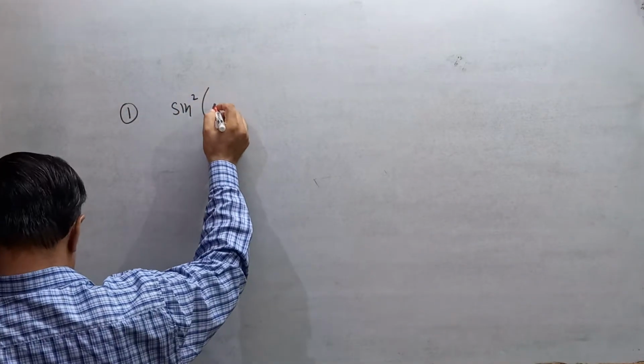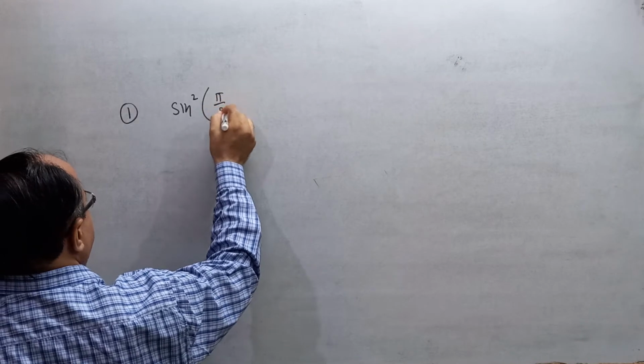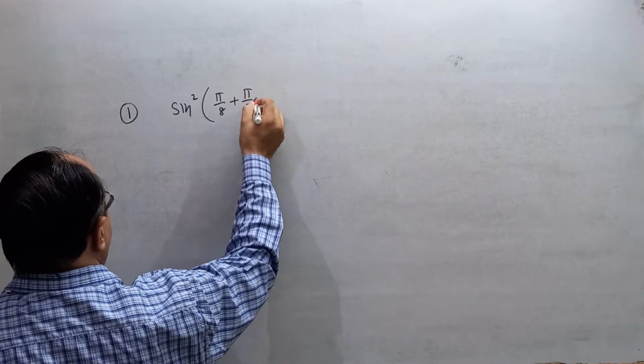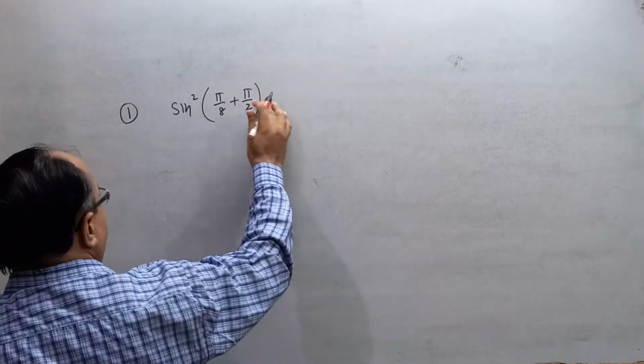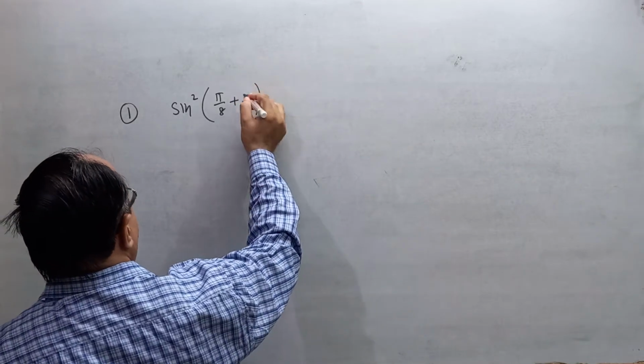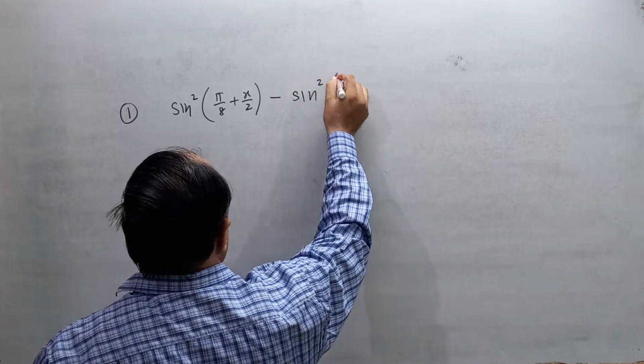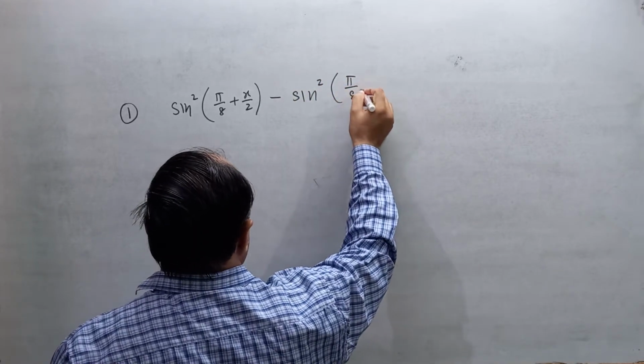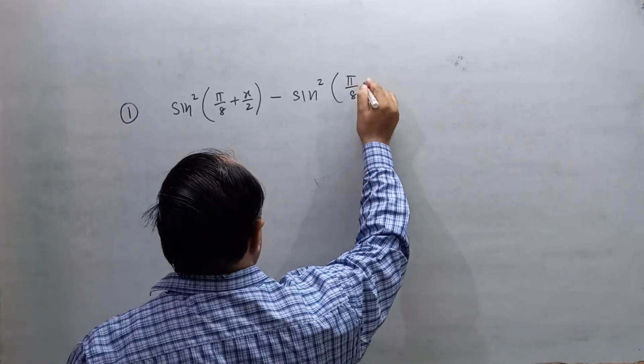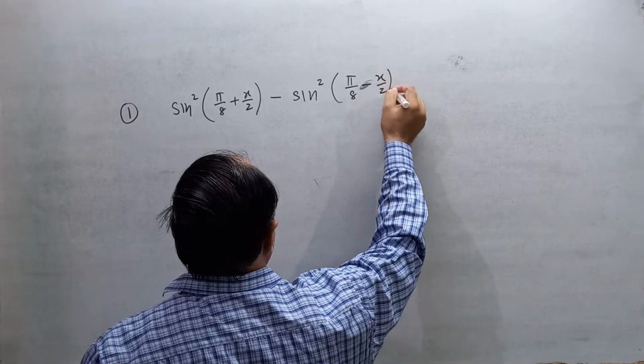Sine square (pi by 8 plus x by 2) minus sine square (pi by 8 minus x by 2).